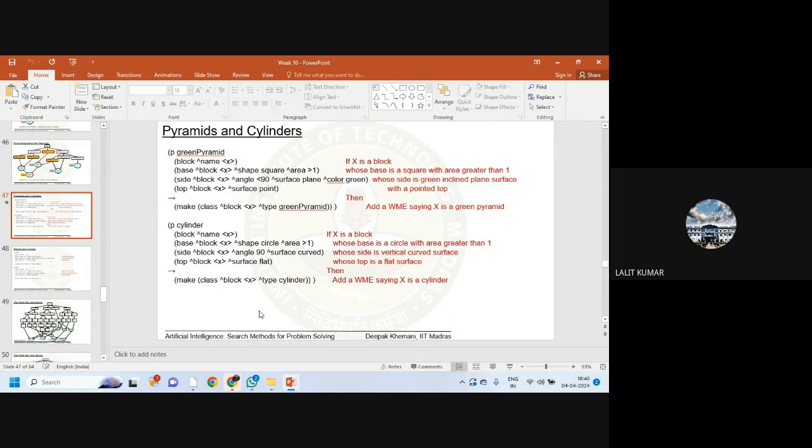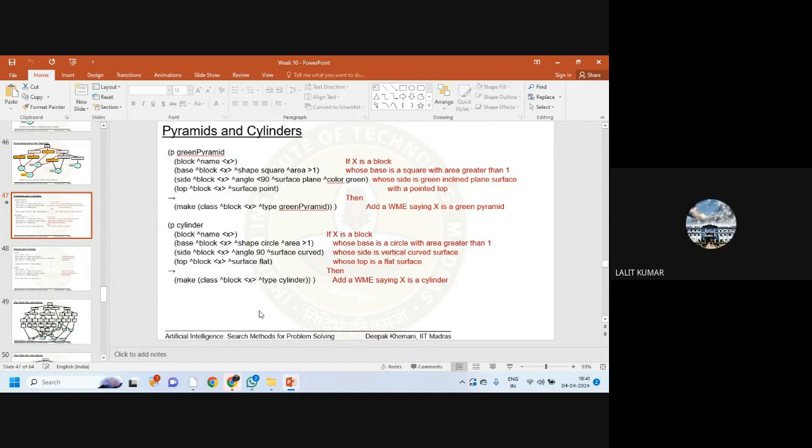Okay, so here, Ashutosh, we have seen this something like in decision trees. So we take a decision, block name this. If this is there, yes, then block base block X shape square. And so it keeps on making a tree, and only one branch of that tree is true. It's more like a tree than logical things.